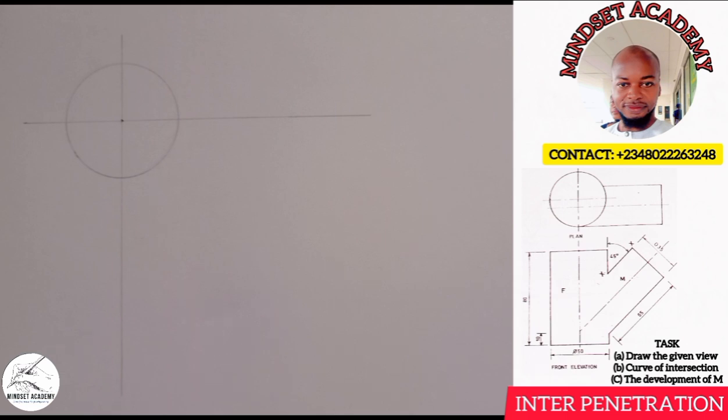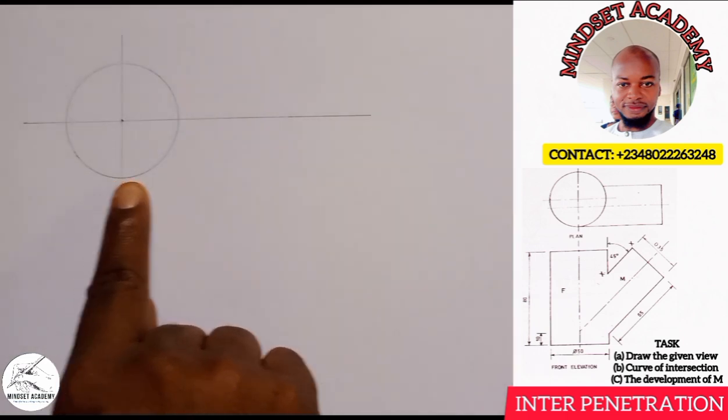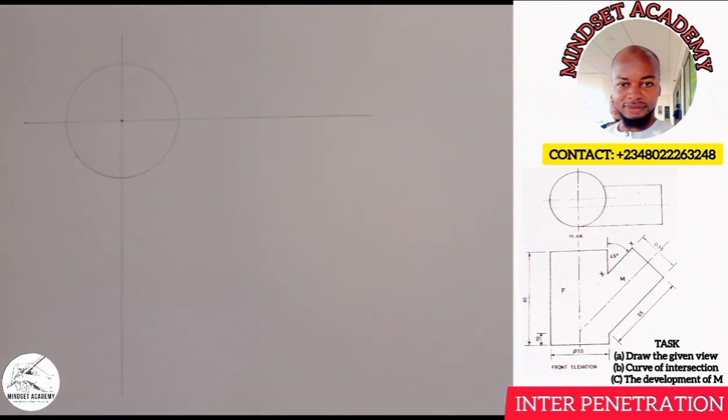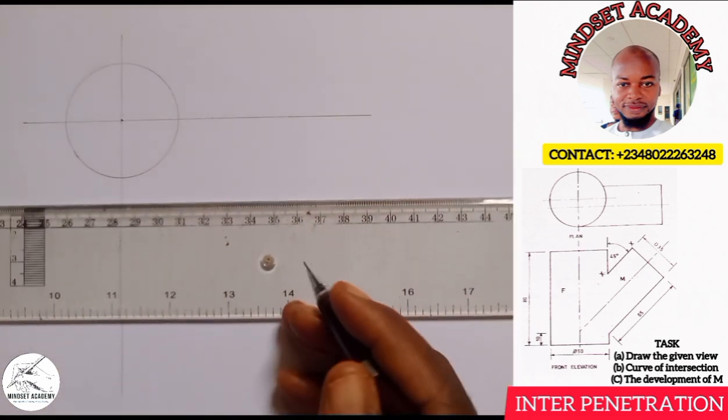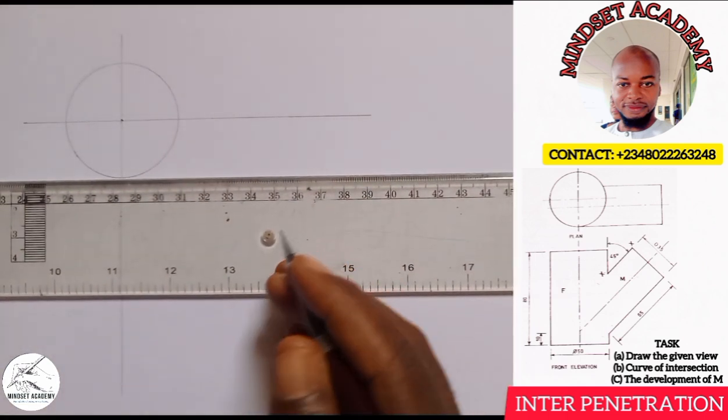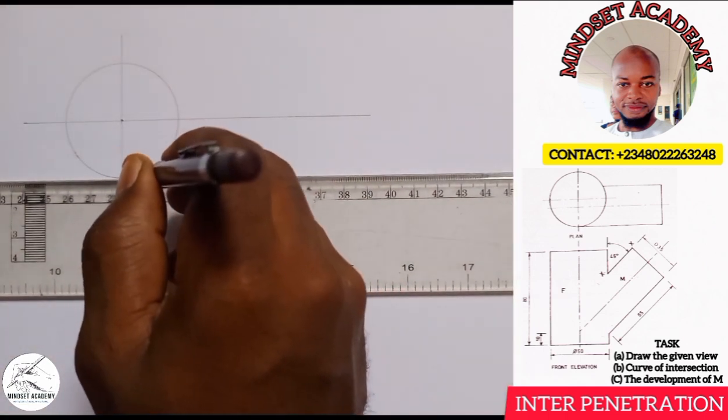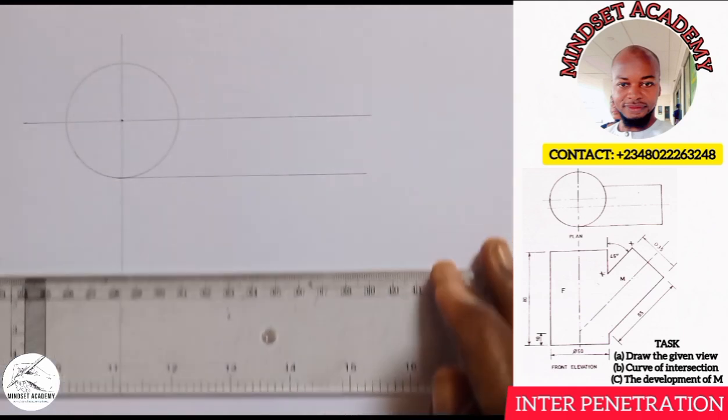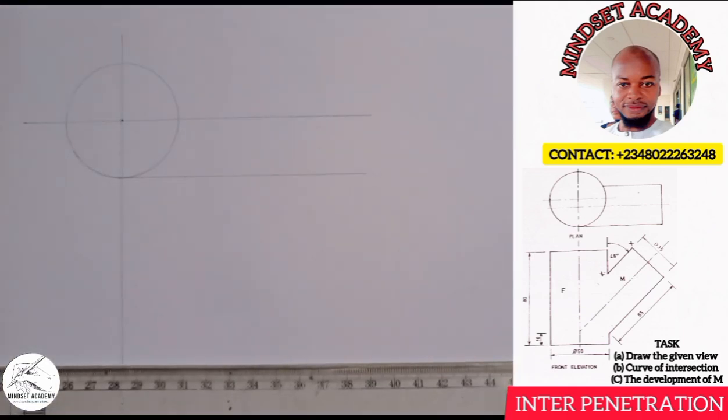Second step, you realize that there's a line that is coming from this point outward. So I'm going to draw that line outward this way, a faint line. Can you see that?